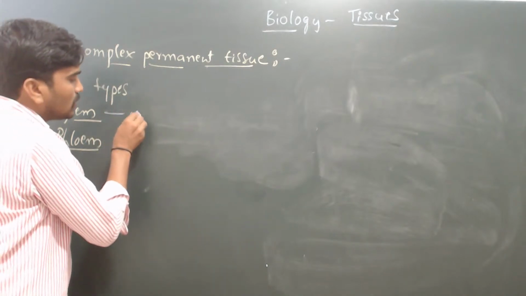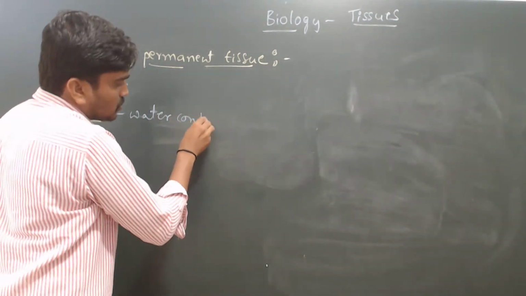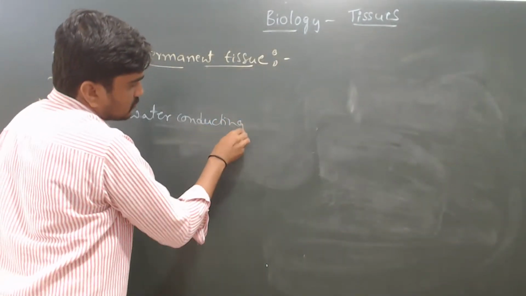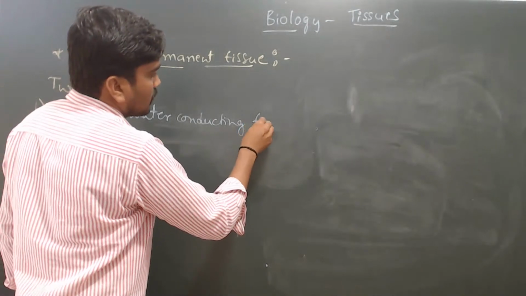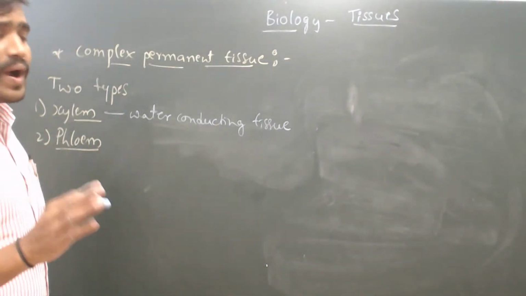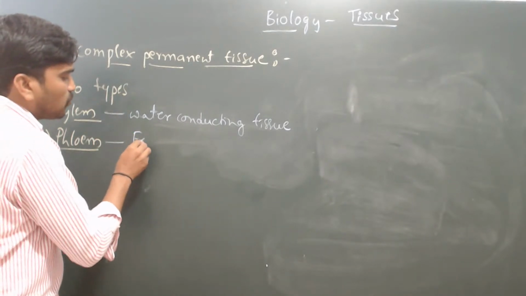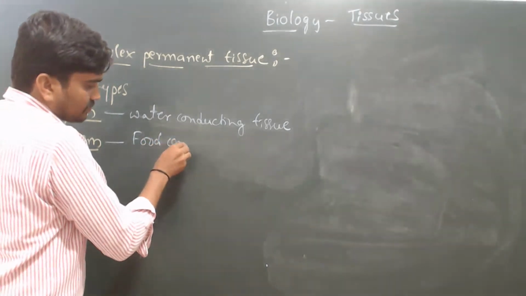Xylem is known as water conducting tissue. Phloem is known as food conducting tissue.